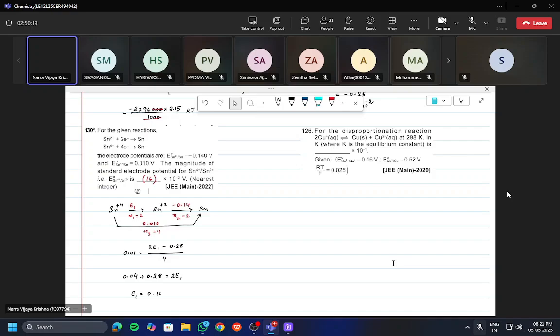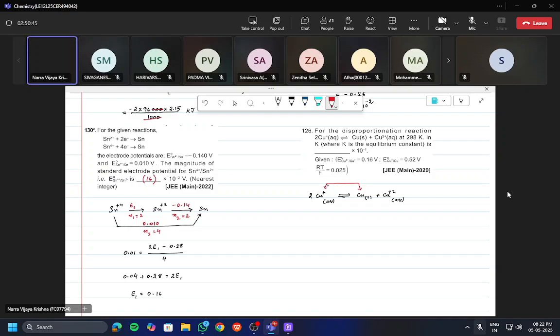Is it a redox reaction or not? Copper plus 2 is converted to copper plus 1, correct? Here copper goes from plus 1 to 0.